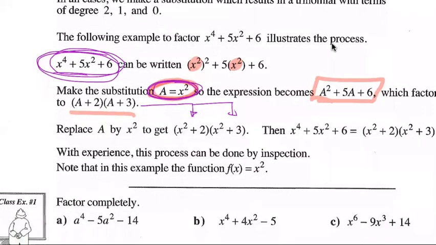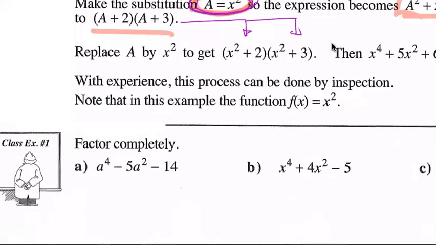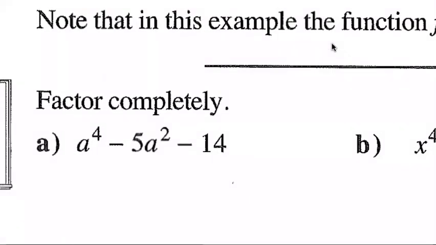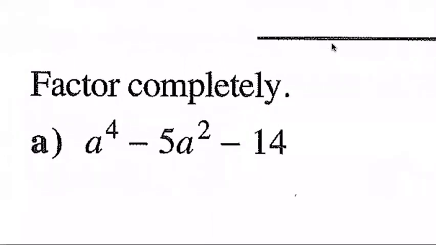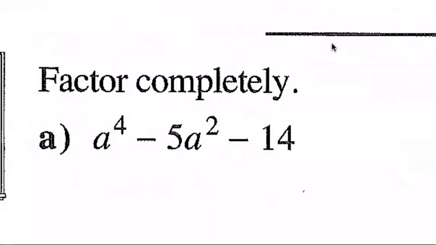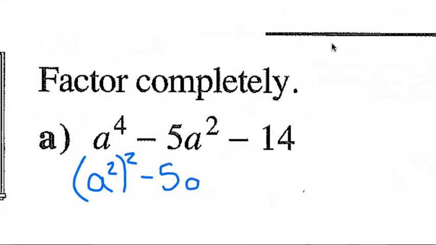So let's look at some examples. Maybe it'll make a little bit more sense. So we have a to the fourth minus 5a squared minus 14. I don't want to use the letter a this time because a is already in there, so let's use x. This can be rewritten as (a squared) squared minus 5a squared minus 14.